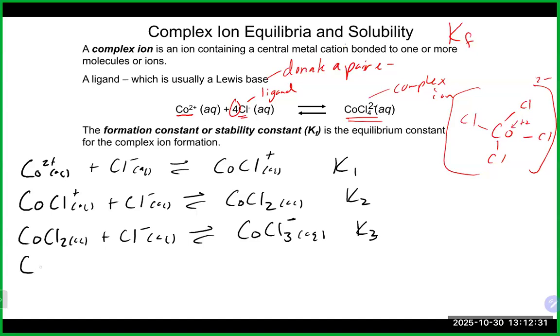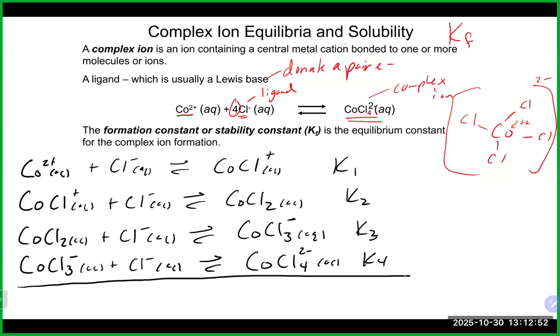And lastly, CoCl3 minus will pick up one more chloride, giving us CoCl4 2 minus in this case. And that would be an equilibrium as well. So ligands go on in a stepwise fashion. They're added in a stepwise fashion here.